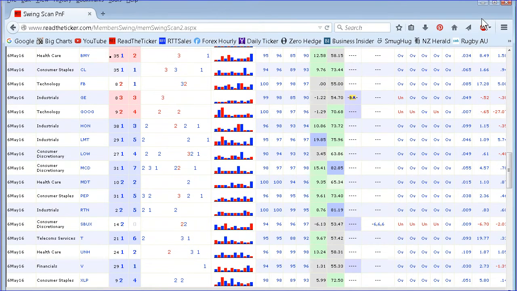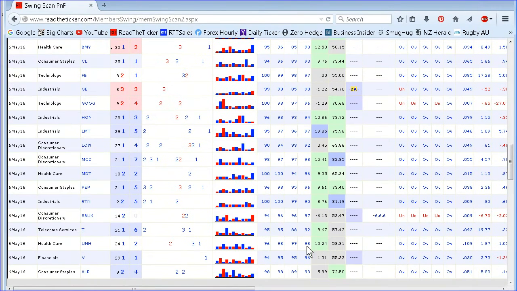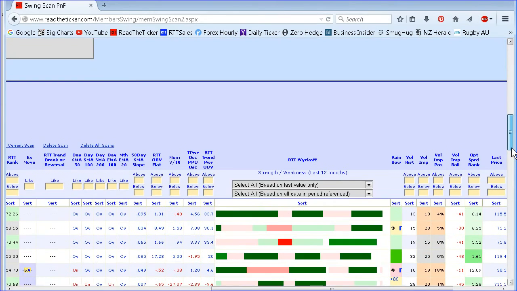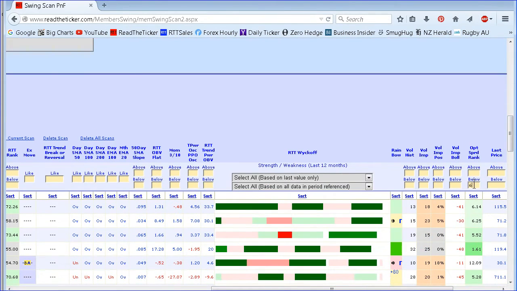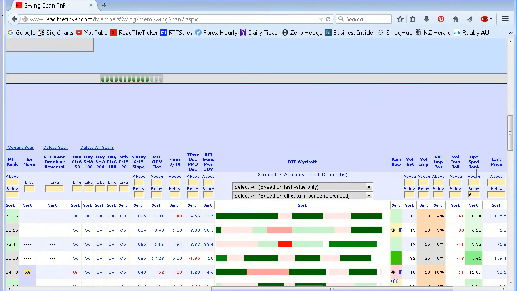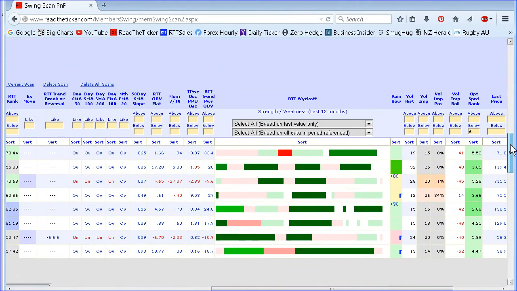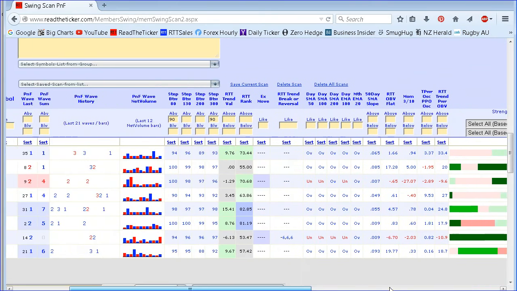And we might also say that if you're an option trader, we want tight spreads, so spreads between the bid and ask. This is option spread rank. So we want low spread risk. So give us these stocks here. And so this is our trends.